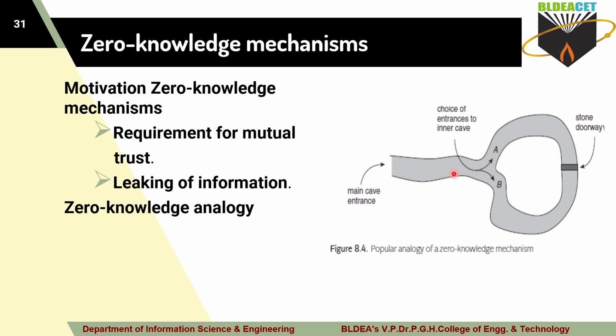If the guide chooses A, then with the help of that path the guide will reach this particular point. Here also you have a stone door. To open this door you have to perform some key phrase. When you enter that particular key phrase, only then will the stone door open, and with the help of that the person can reach this path B here.